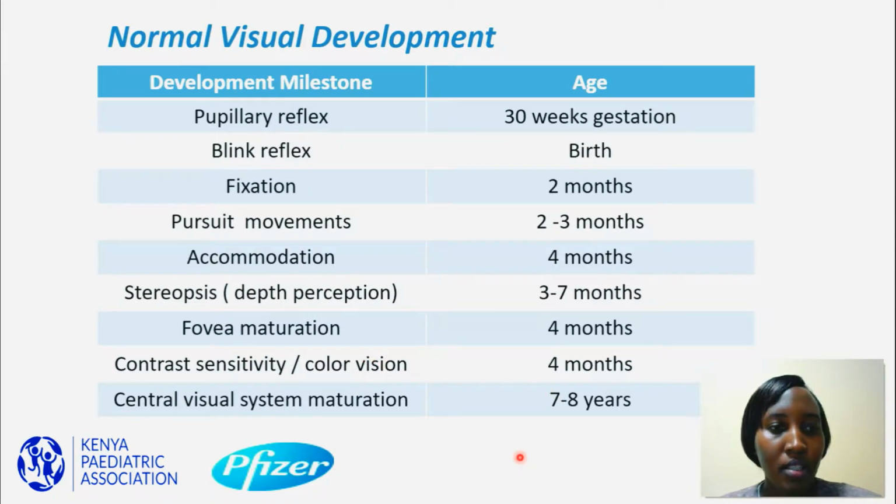Of note is that the central visual system, that is from the optic nerve up to the visual cortex, continues to mature up to around 7 to 8 years of life, and this is a period we call the critical period. It is very important because visual impairment in this period, if it is not managed properly, can lead to permanent visual loss.